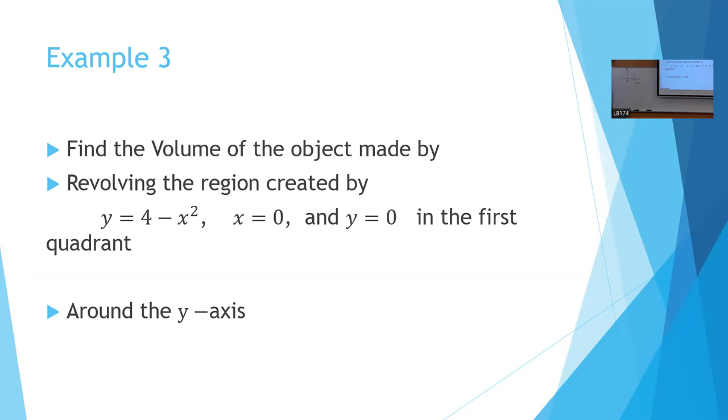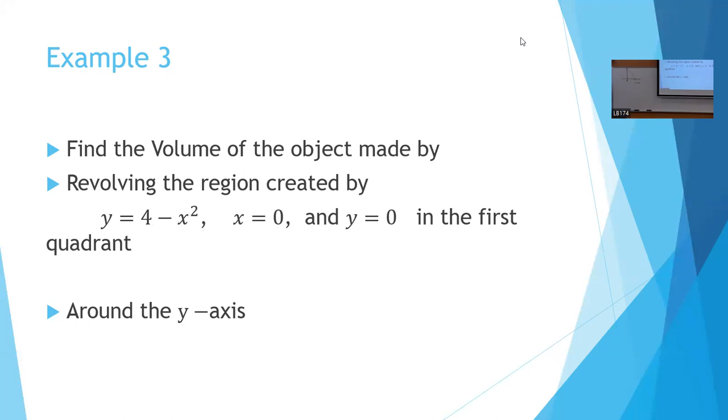All right, so we're looking at that first quadrant region. And we're going to rotate around the y-axis. In the disk method, if I rotate around a y-axis, the y-axis is a vertical axis of revolution. So I have to use y values. All right.